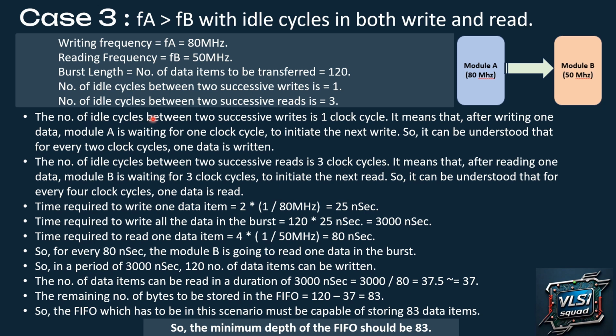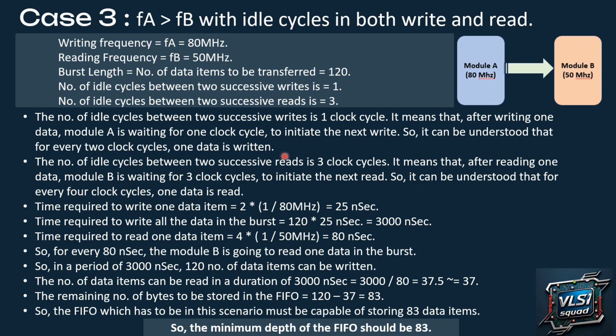That means that if we take the writer, for example, the writer is writing for one clock, and then it is staying idle for one more clock to send data again in the third clock. So we can say that it is sending one data item per two clocks. So it can be understood that for every two clock cycles, one data item is written.